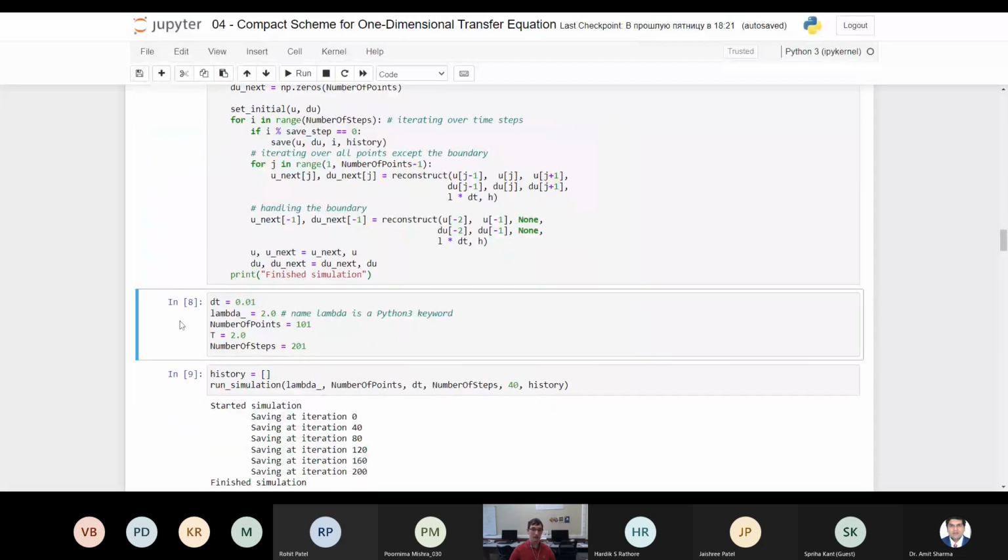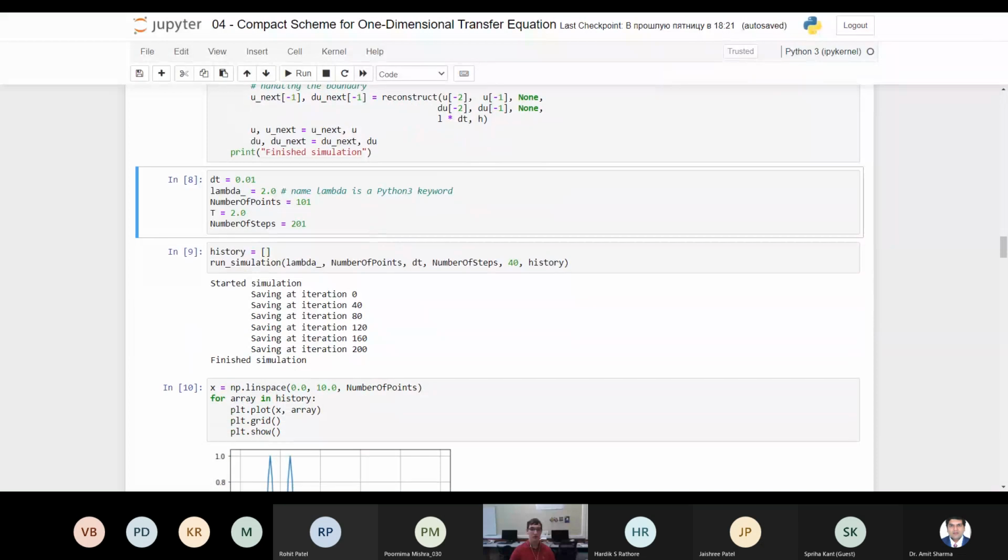Here we have an example. We define time step so that it would satisfy the Courant stability condition. We define parameter lambda and parameters of the computations, define the array for saving values, and perform the simulation.